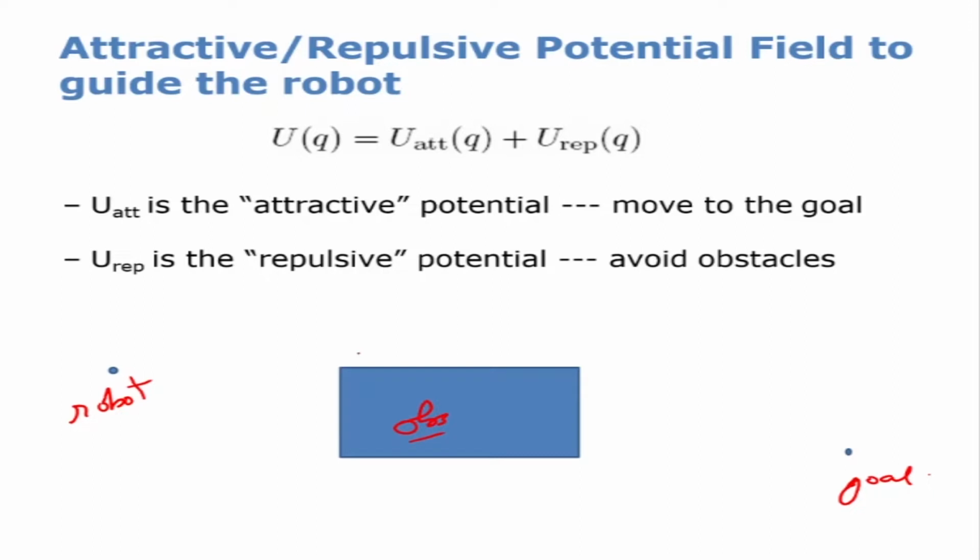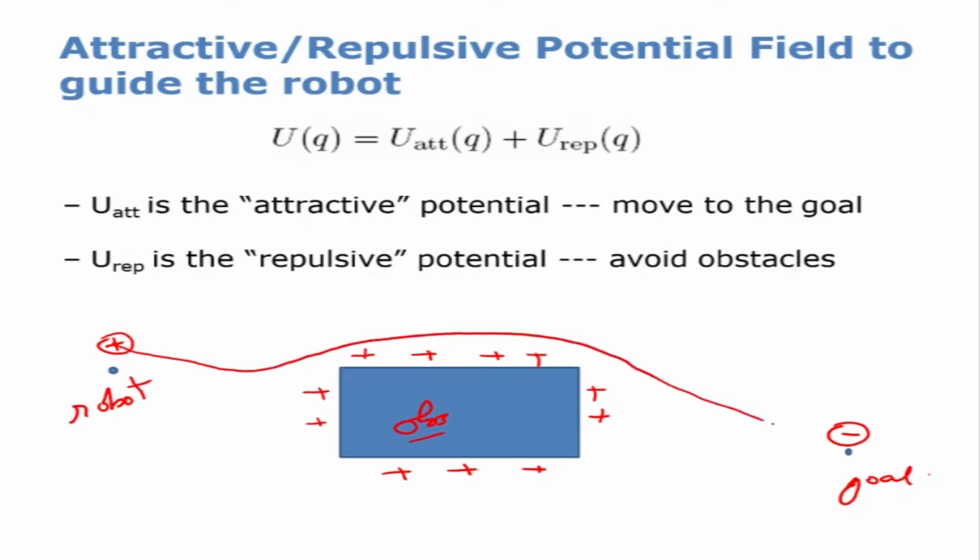For example, if I assign plus charges to the obstacle and also a plus charge to the robot, the robot is going to be repelled by the obstacle. And we give a minus charge to the goal, so the robot will move like this, avoid the obstacles, and then go to the goal.